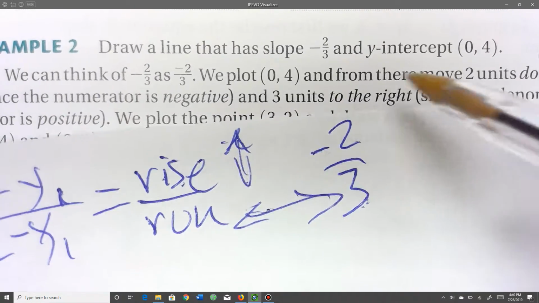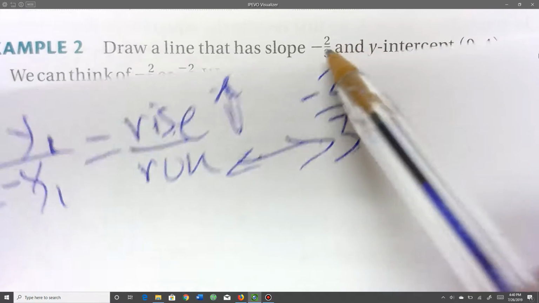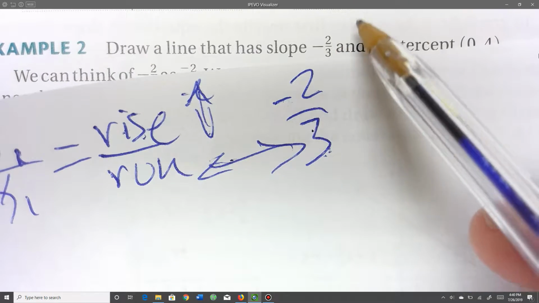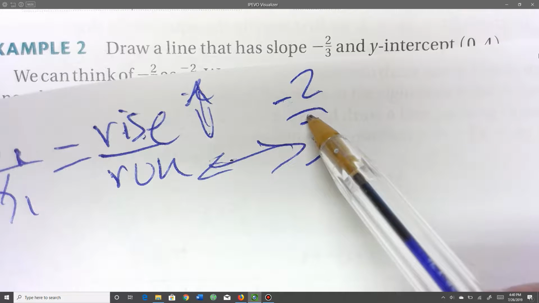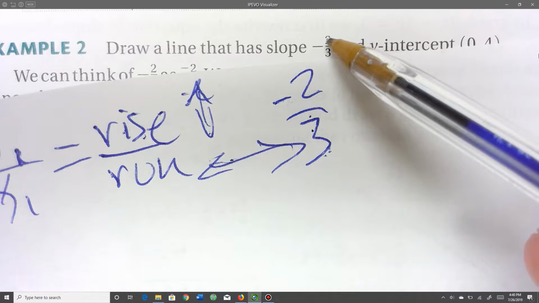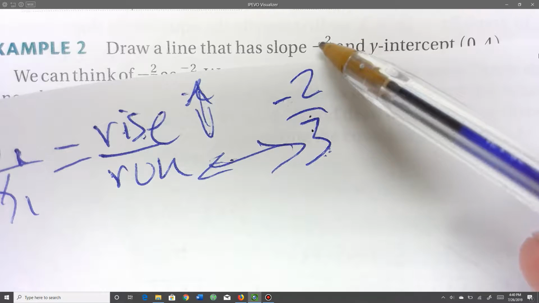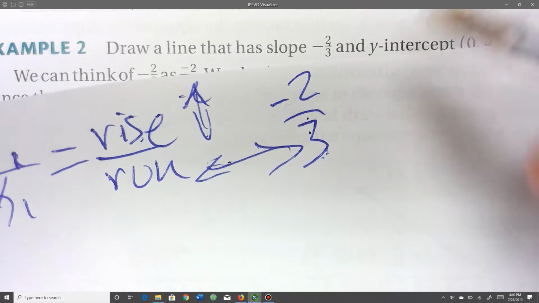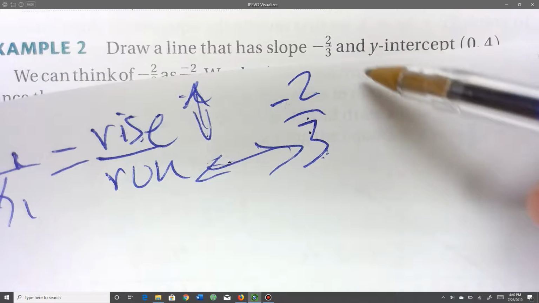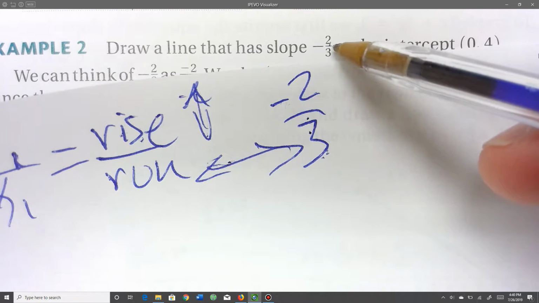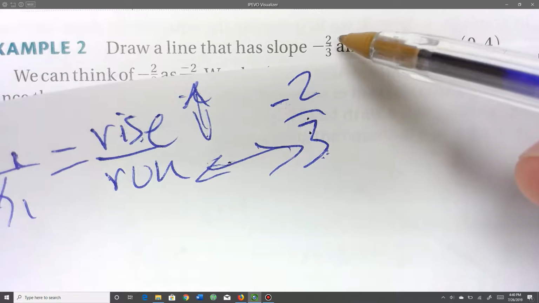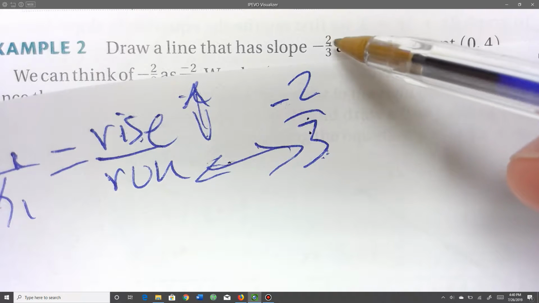And notice that here they gave us this value instead. This value doesn't look like my value. So you have to ask yourself, is that 2 a negative, or is that 3 a negative? Well, what does the fraction mean? You have to ask what the operation is, because if I know the operation, then I know which rules to use for the signs.